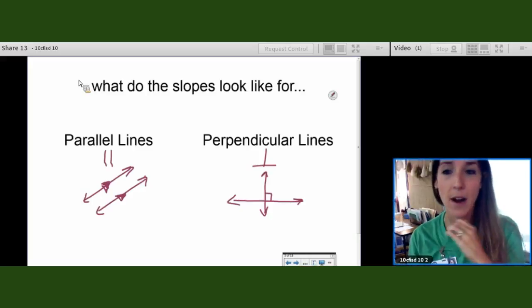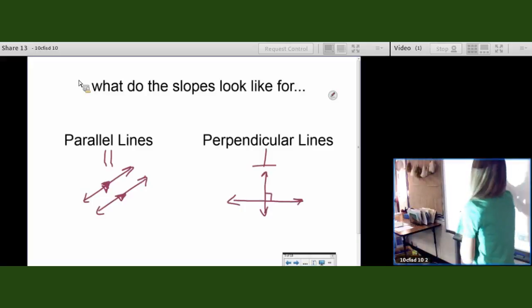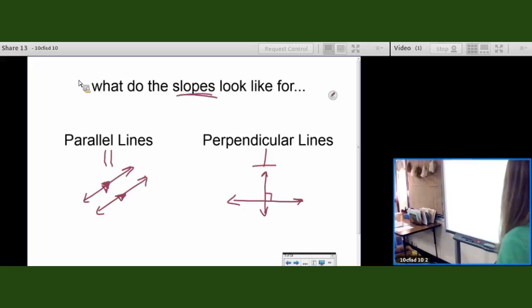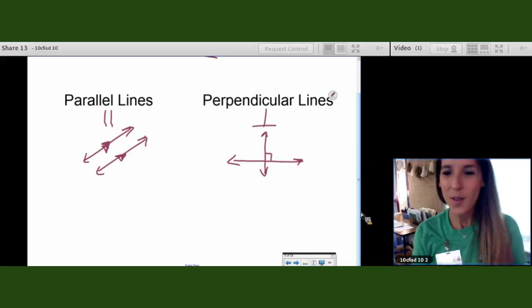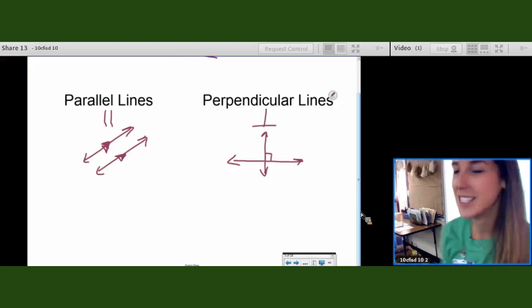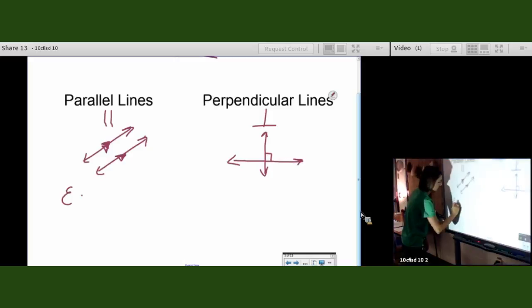So now we're going to compare and contrast what their slopes look like. What do their slopes look like now? So, you've already learned, I hope you remember, yep, parallel lines have the same slope. Good job. So I want you to write equal slope.